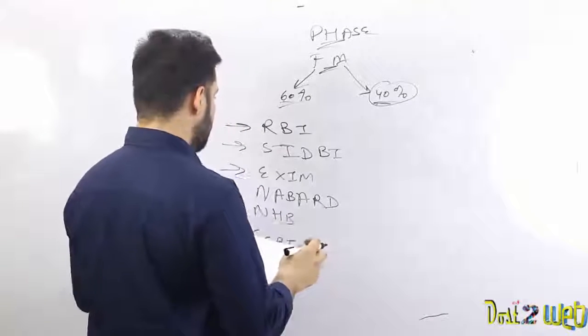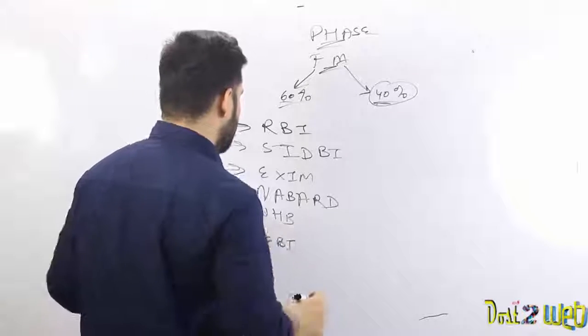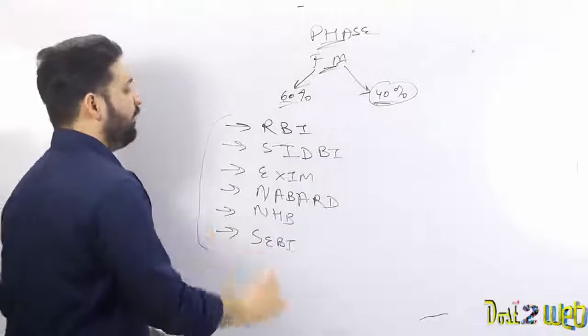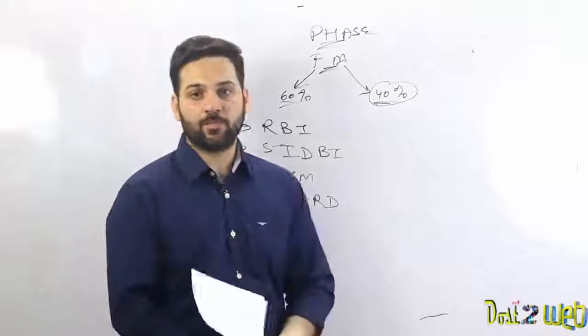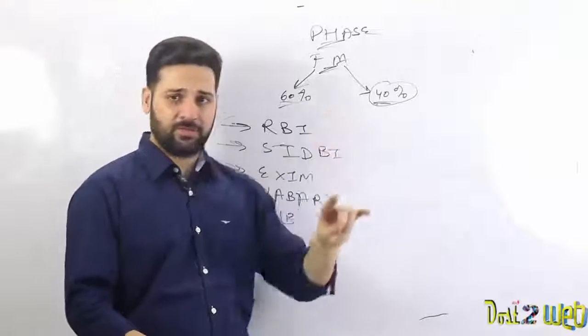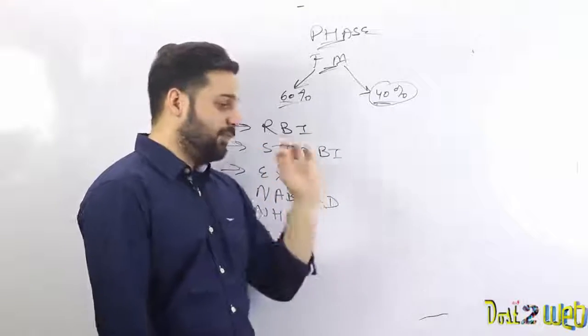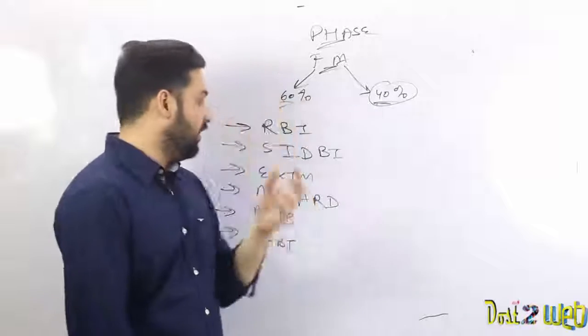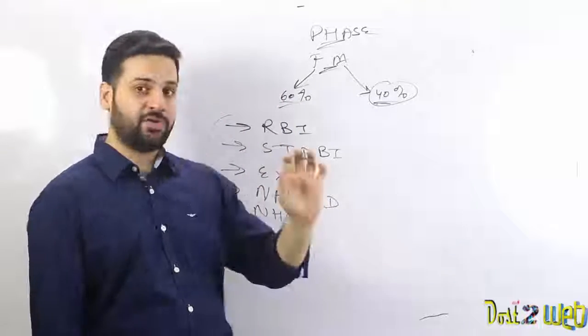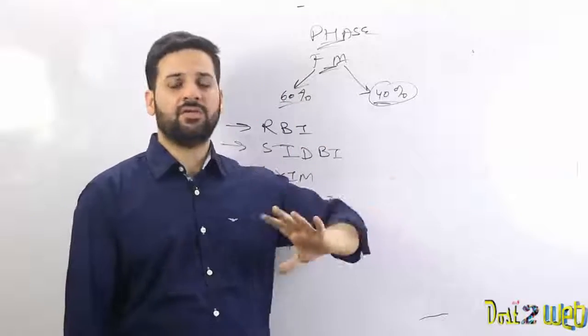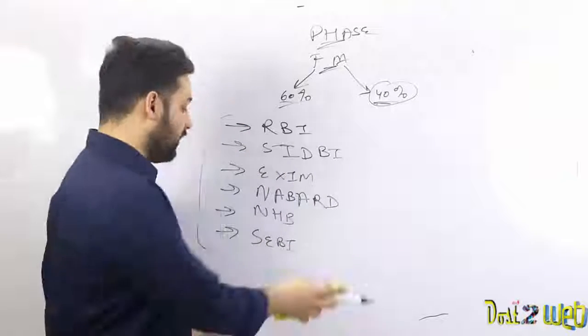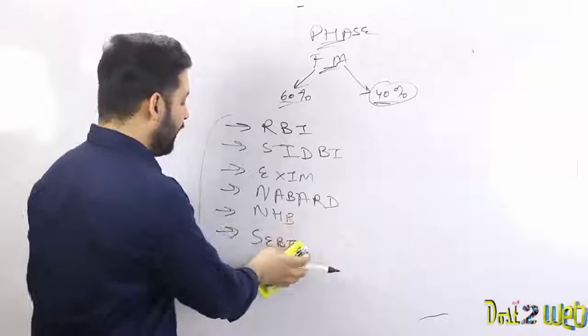So these are the few important official websites that you need to follow. Just check their about us page. That is the first thing you need to do. Then please check their notifications page. All of them have a notices page. Just once a week, or twice a week, please check the notices of these important organizations.